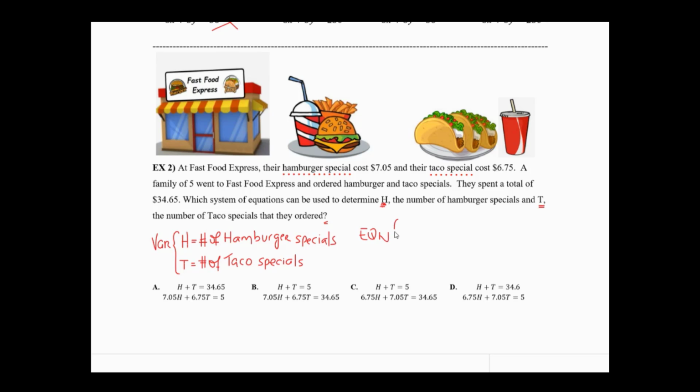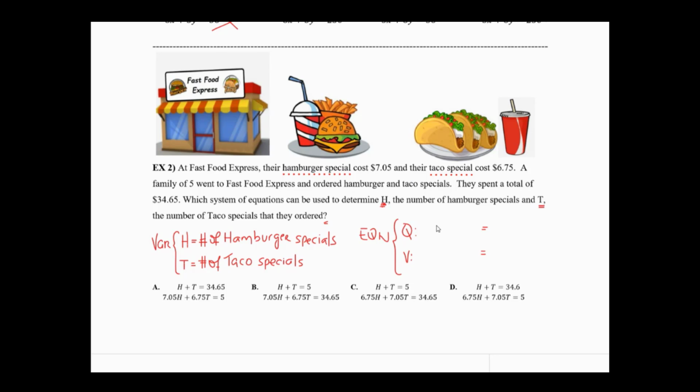And now notice that this one, we're going to look for quantity versus value. And when you're looking at that, you look for the total. Right here, it tells us the value. So their hamburger special is $7.05, and the taco specials is $6.75. A family of 5 went to Fast Food Express and ordered hamburger and taco specials.